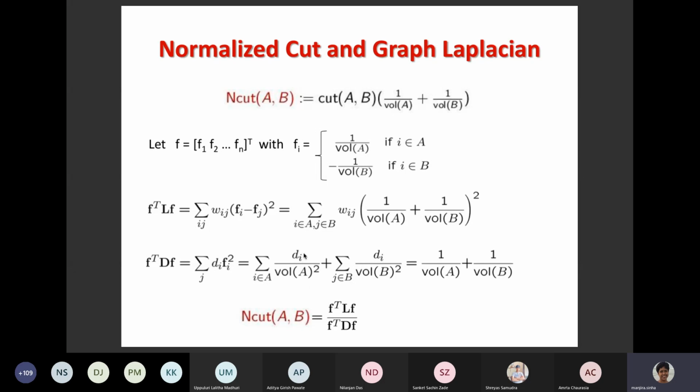The summation of all the di's for i belonging to A is actually the volume of A. The volume of a group A is equal to the sum of degrees of all the vertices in A. So the upper and the lower will be cancelled, eliminating the numerator and the denominator, and this will be 1 by volume of A, and similarly 1 by volume of B. Then my normalized cut becomes something like this: F transpose LF over F transpose DF.